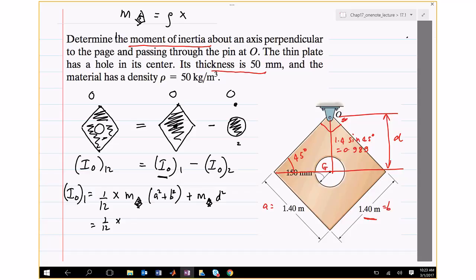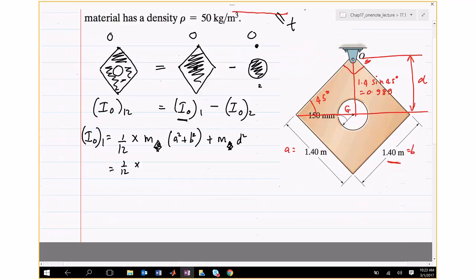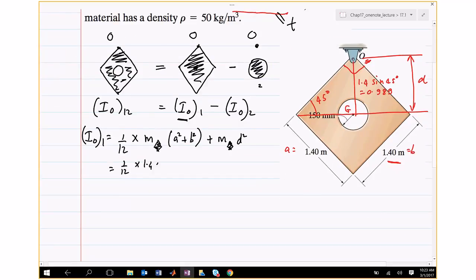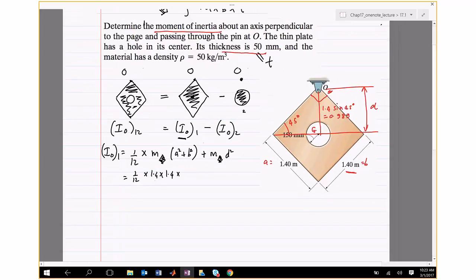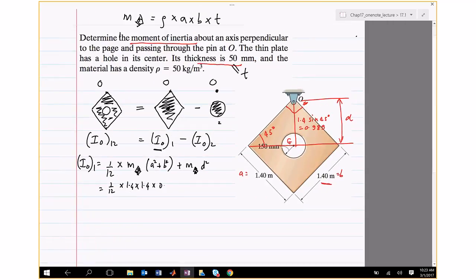The volume is given by A times B, that's the area, and the thickness is T. So this is 1.4 times 1.4 times thickness, which is 0.05, times 1.4 square plus 1.4 square plus 0.989 square.